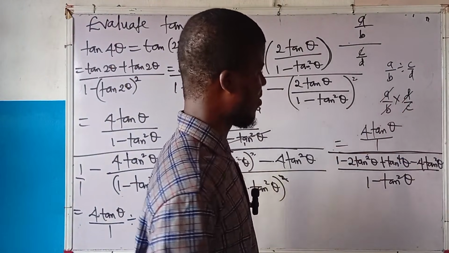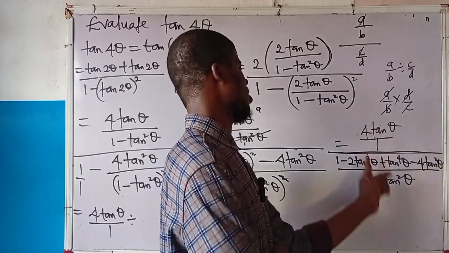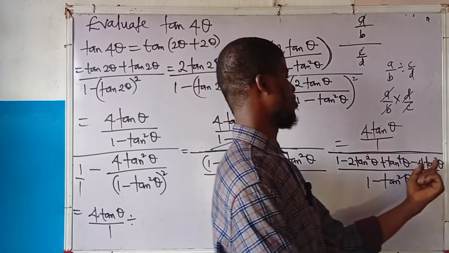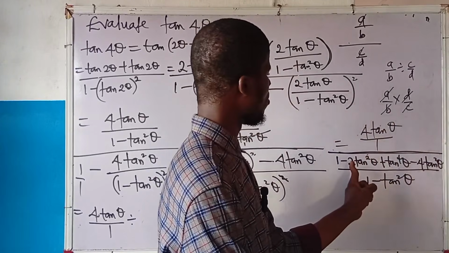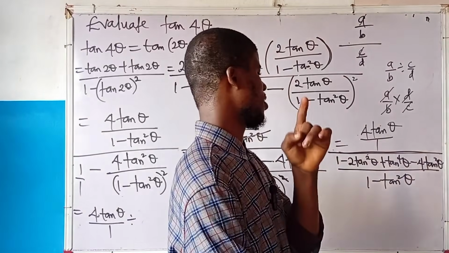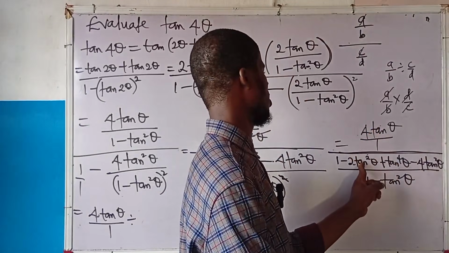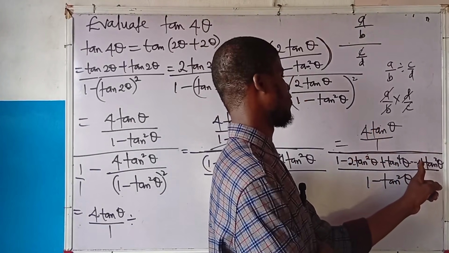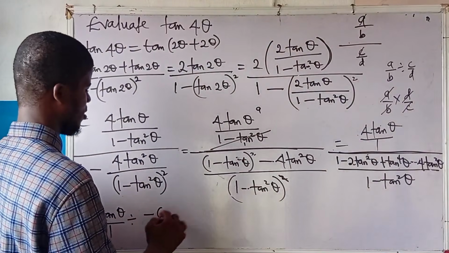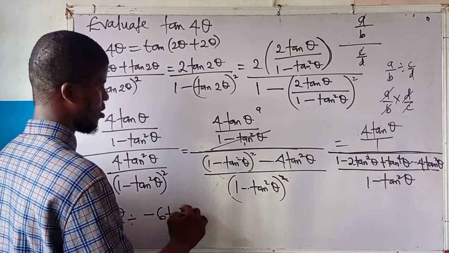Okay, I think I can simplify some like terms here. This one has the power of 2. The tan theta here has the power of 2. This one has the power of 2 also. So minus 2 minus 4 is minus 6. Therefore, minus 2 tan square theta minus 4 tan square theta is minus 6 tan square theta.